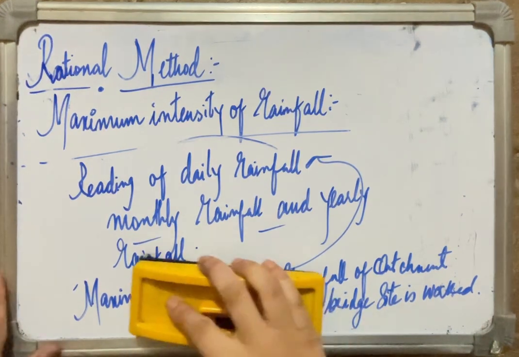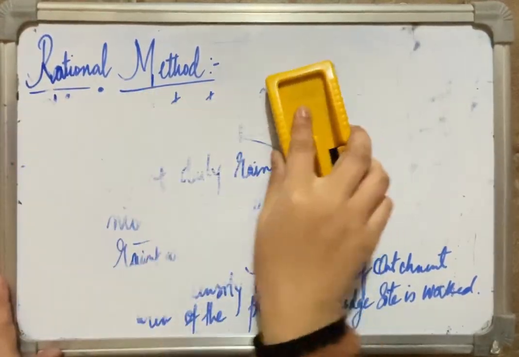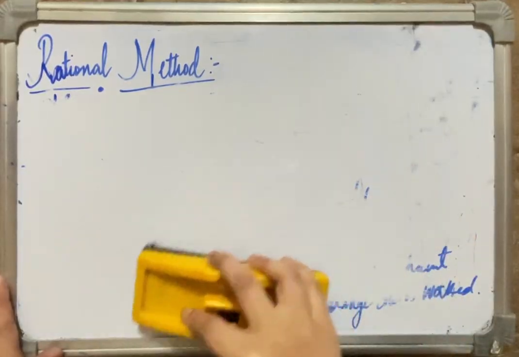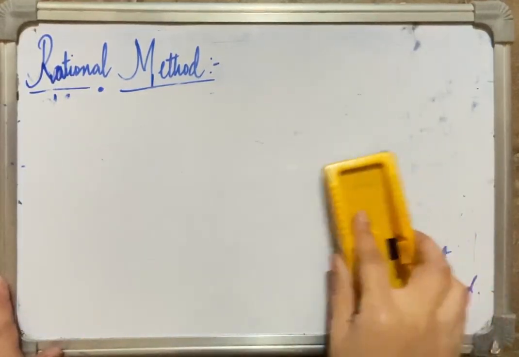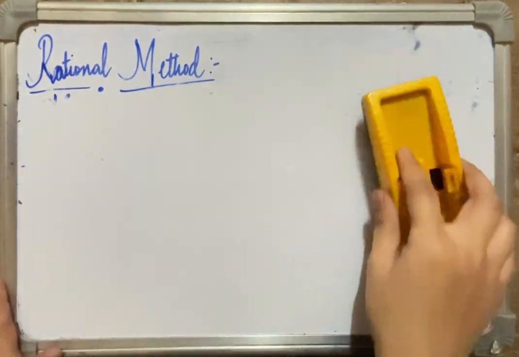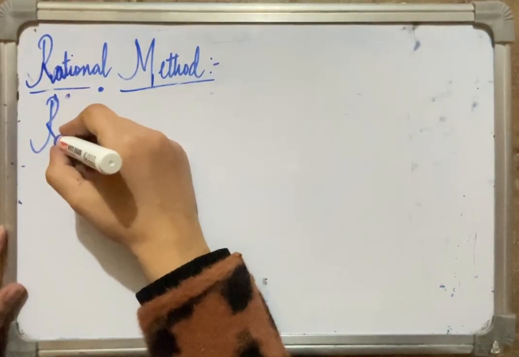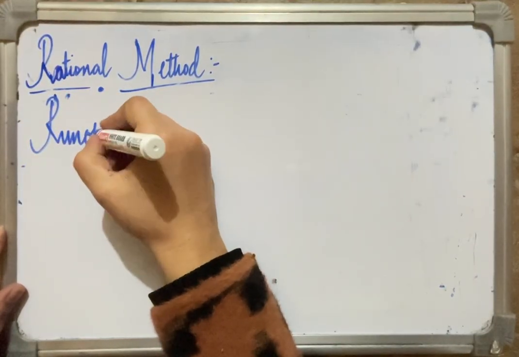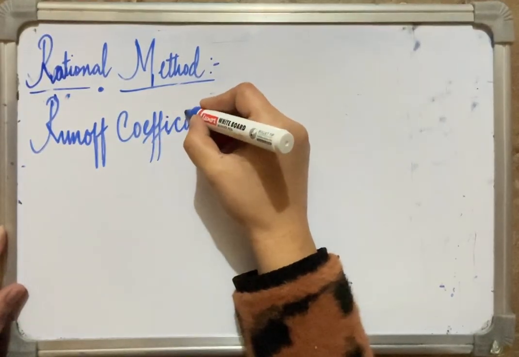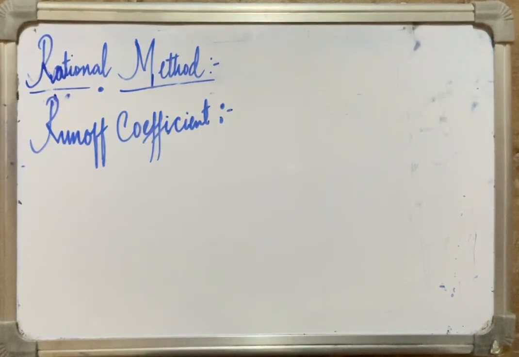All right. Next thing that we need to know before formally proceeding to know about the rational method is the runoff coefficient. What is runoff coefficient?